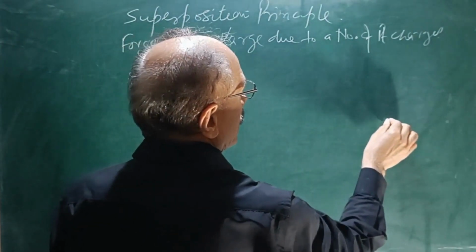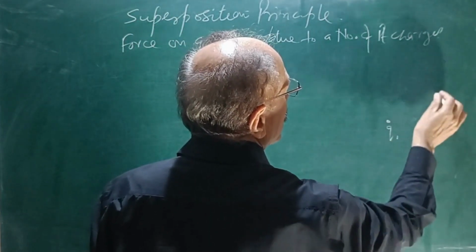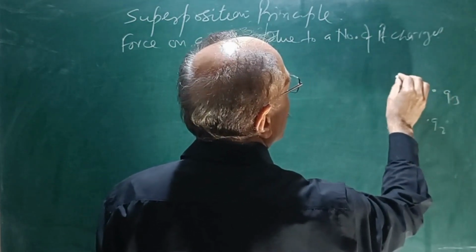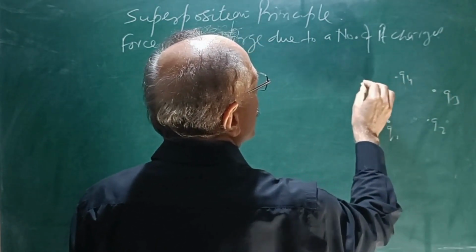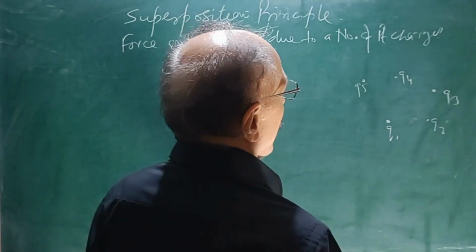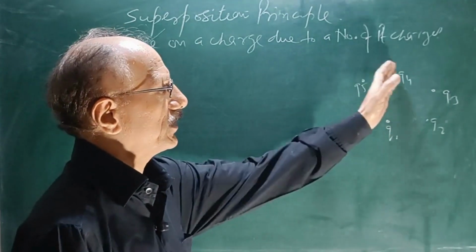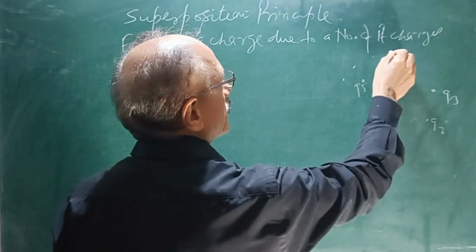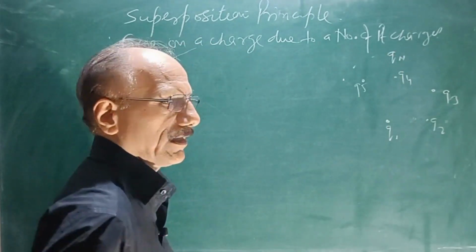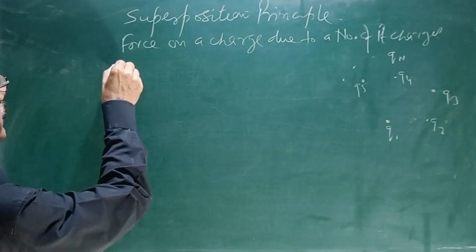Here we have Q1, Q2, Q3, Q4, Q5 and so on. So we have to find the force on charge 1 due to these number of charges up to Qn. Then how will we find that?